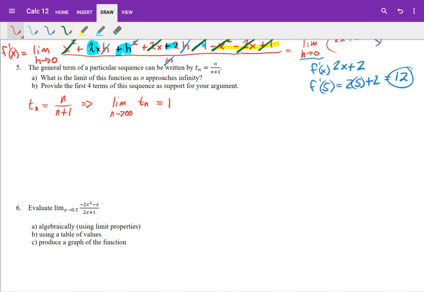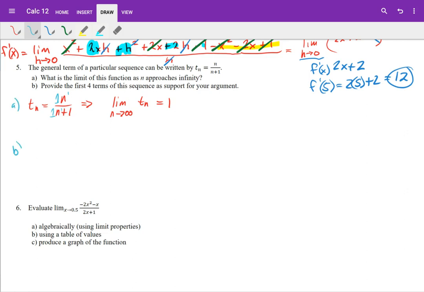The reason is because the coefficients to this are a 1 here and a 1 there. And when the degree of the numerator and the denominator are the same, the ratio of the lead coefficients will give you the limit of the sequence at infinity.